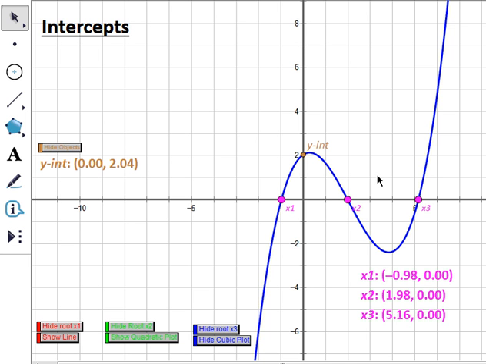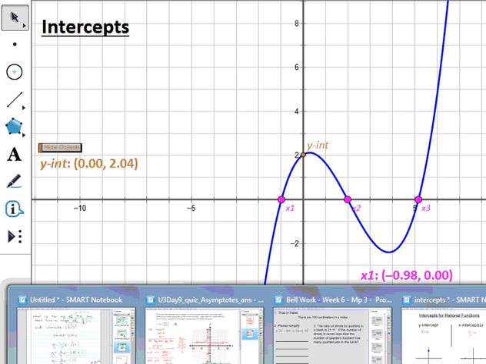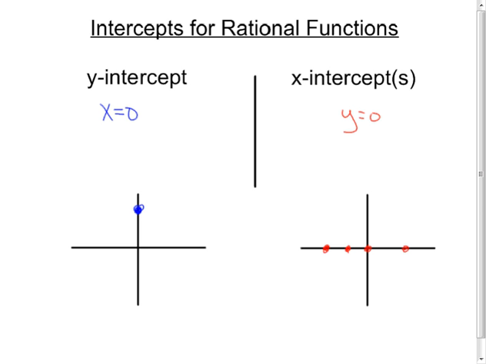So, that is where this idea comes from in terms of we want you to be able to say y-intercept implies that x is 0, and x-intercept implies that y is 0. So, moving right along to how this is going to be applied to rational functions, let's take a look.